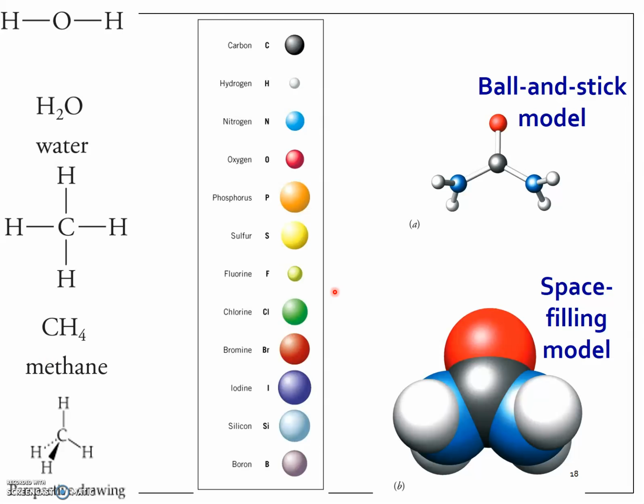However, you'll see sometimes in your book, you see prettier models. And there are 2 types of models that deal with more of the 3D aspects. But both of them use similar color coding and size. So you see that in almost every model, carbon is represented by a black sphere, hydrogen is white, and oxygen is red.